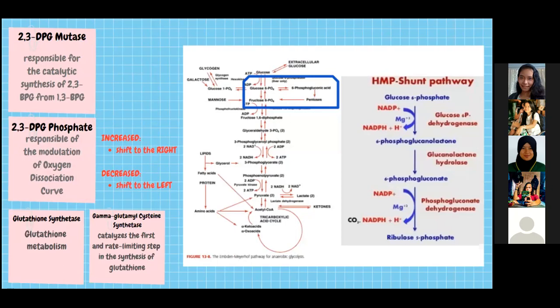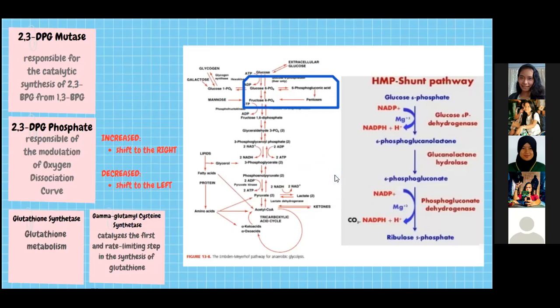Remember that in oxygen affinity, this 2,3-BPG also plays an important role, for it acts as an allosteric molecule. If you still remember, it binds to the hemoglobin molecule and stabilizes the T state of hemoglobin. Once the T state of hemoglobin is stabilized, it lowers the affinity of hemoglobin for oxygen.